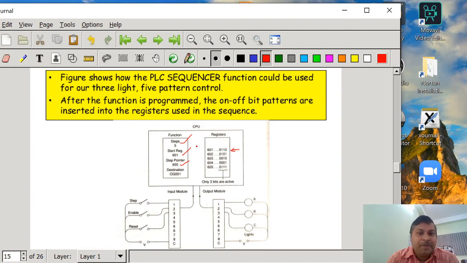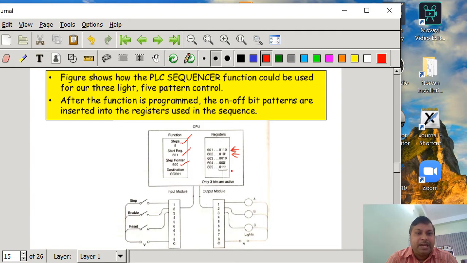Then what will happen? Once you pulse the sequencer function, on the first pulse the pattern 601 will be executed. On the second pulse the pattern 602 will be executed.